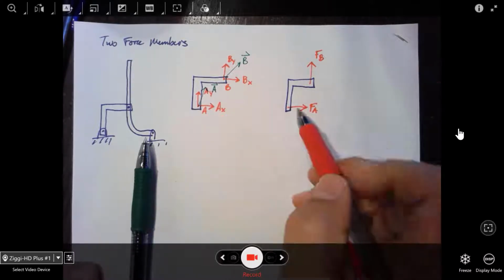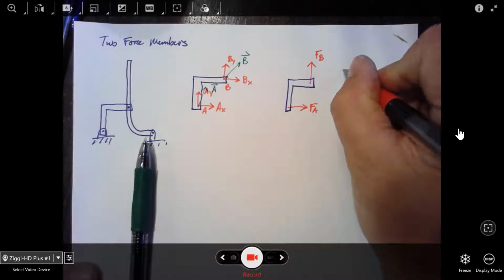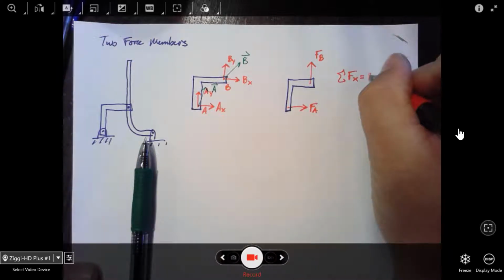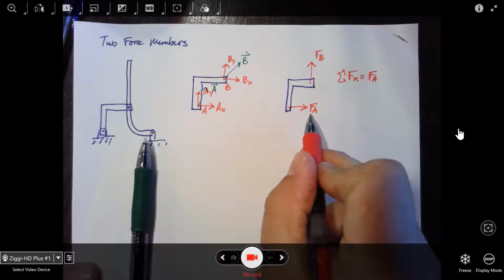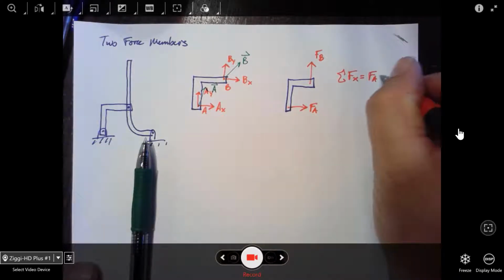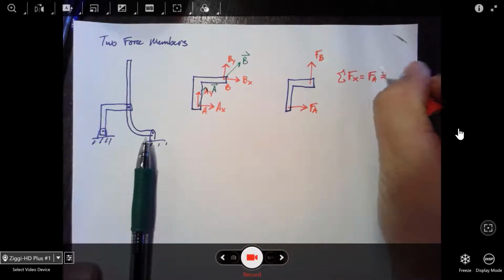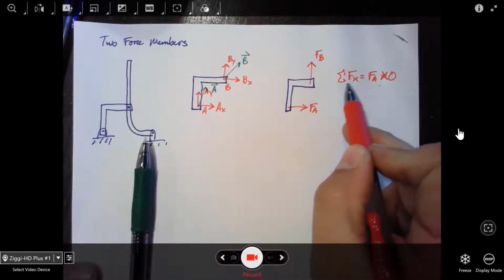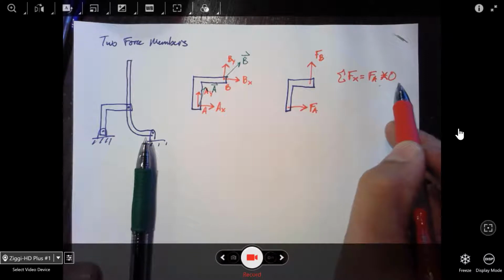One of the ways we could see that is that if we sum the forces in the x direction, we're going to have F sub A. And assuming that F sub A is a non-zero number, then we're going to have some acceleration, and it would not be equal to 0, which is what we require for static equilibrium, that the sum of the forces in a general direction be 0.